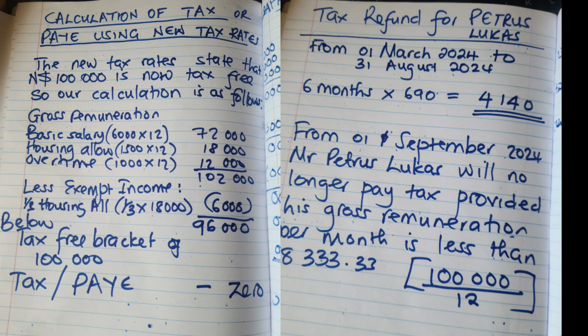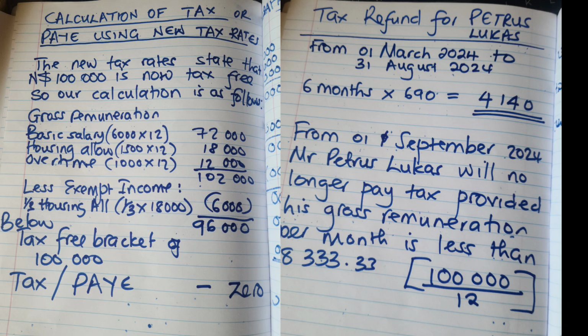So in our case, we have only housing allowance, which is supposed to be exempt, and it's only 1/3 of the housing allowance which is exempt. So we say 1/3 of 18,000, we get 6,000. We subtract the 6,000 from the 102,000 income that we got above, then we get a net of 96,000 Namibian dollars.